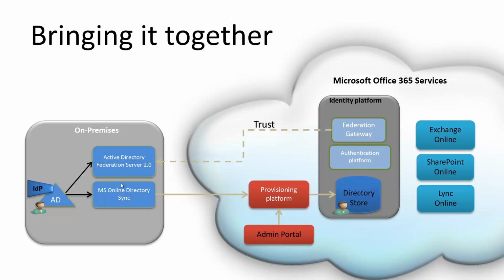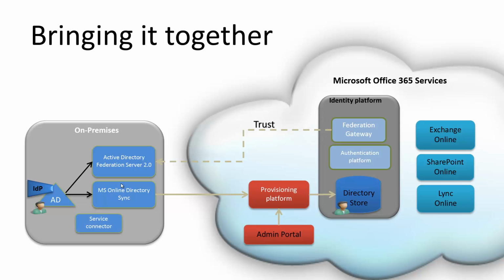And from that moment on, you actually move the identity provider role from the online environment back to the on-premises environment, which remains the sole authoritative store for all of your user accounts, for all of the authentication against the Office 365 services. So that's a pretty good thing.